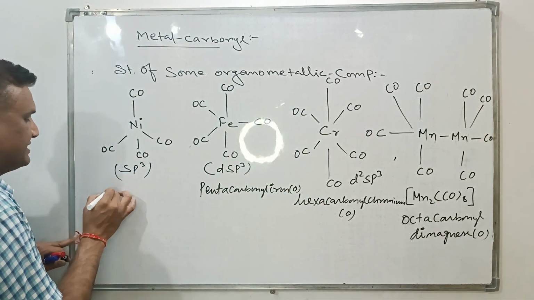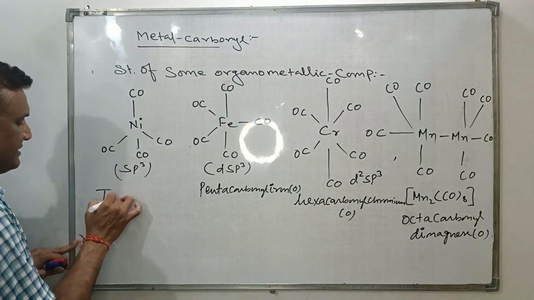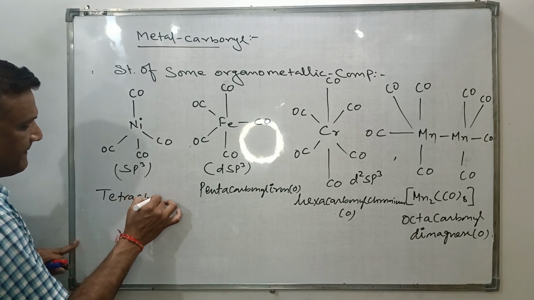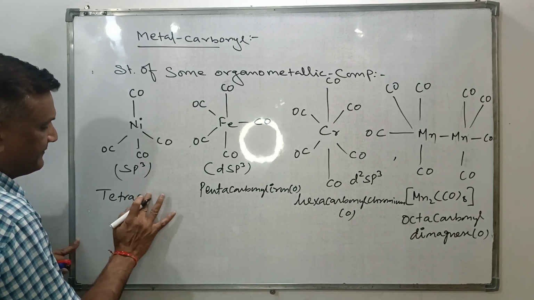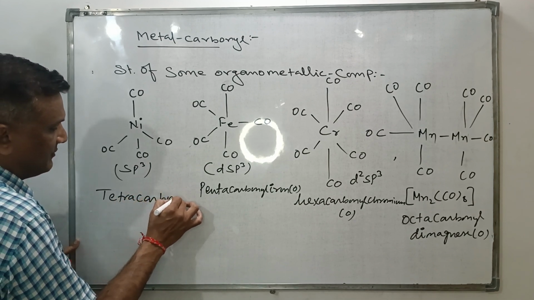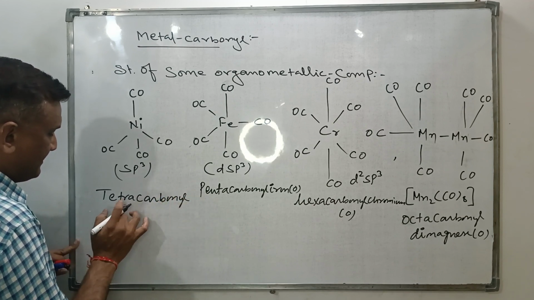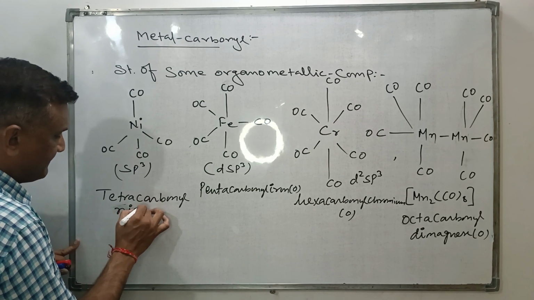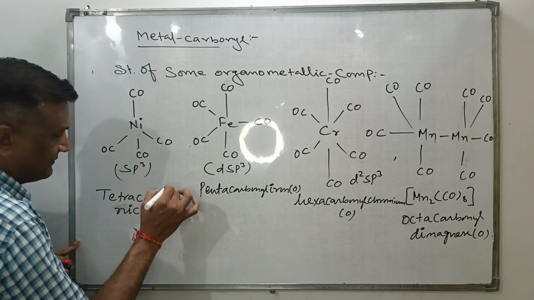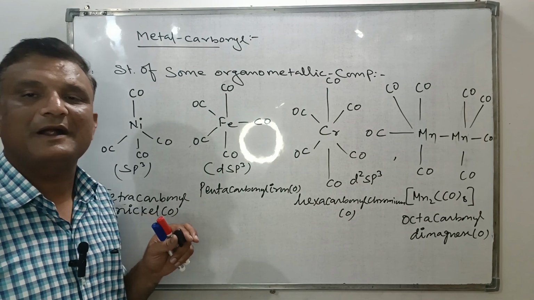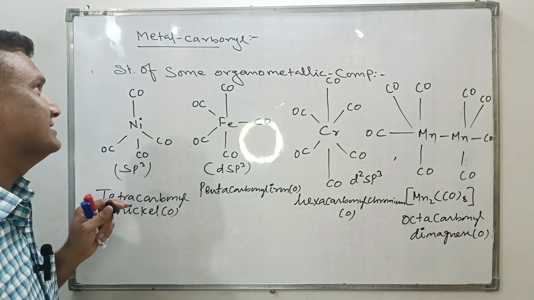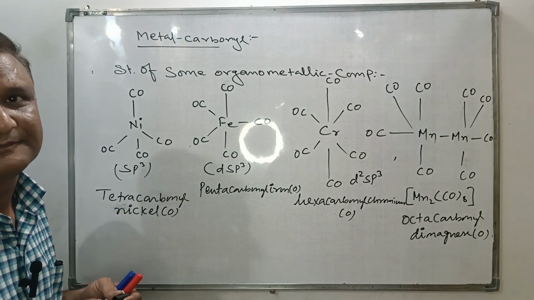You can see the oxidation state is 0. This is tetracarbonyl nickel 0. So this was about the initial part of metal carbonyl.